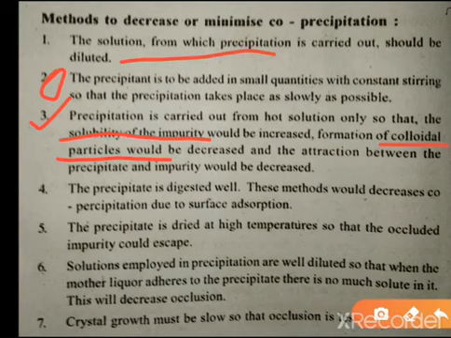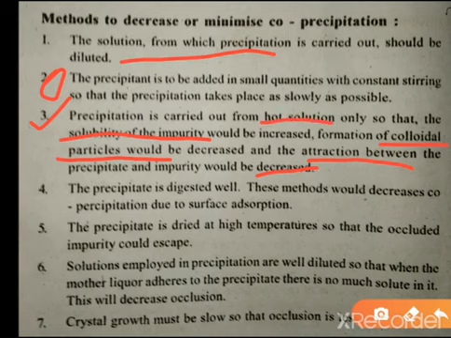If it decreases, then the accuracy increases, and the attraction between precipitate and impurity decreases. So these all happen when we do the precipitation in hot condition.